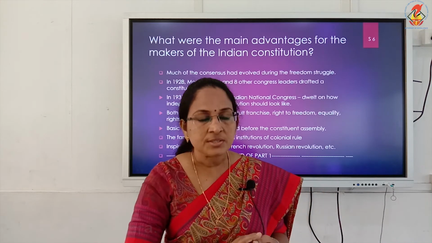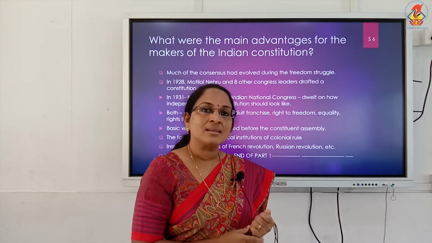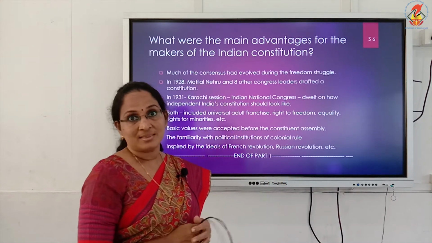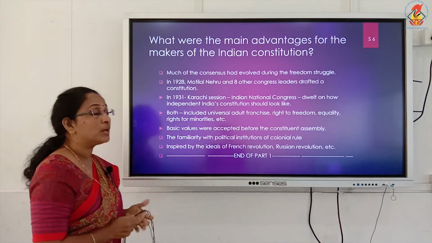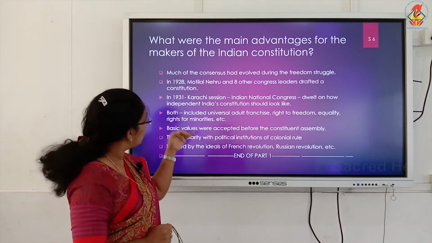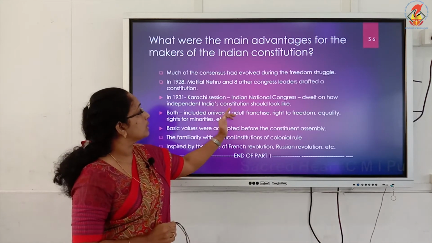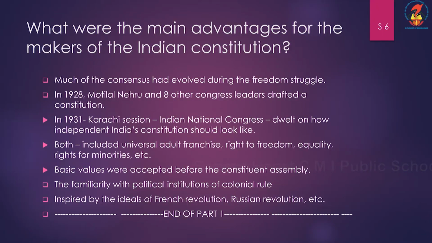In that meeting also they decided and drafted the values that should be included in the Indian Constitution. If we refer to both these documents, we can see that they included universal adult franchise, right to freedom, equality, and rights for minorities.